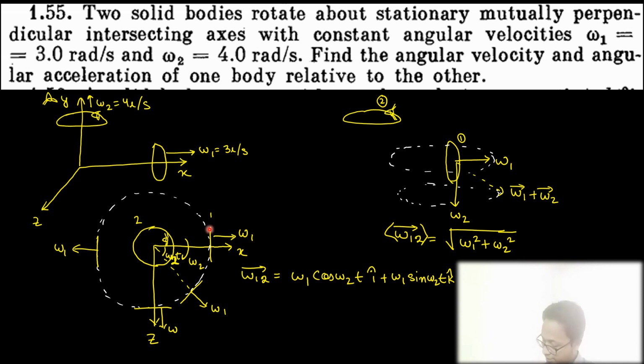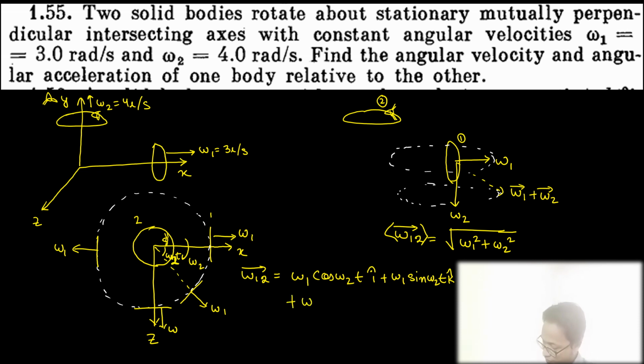Acha. Is this the total angular velocity this will have? This will also have an angular velocity of omega 2 along this direction. No, the axis is also moving along this direction.